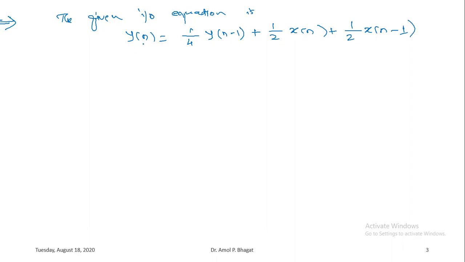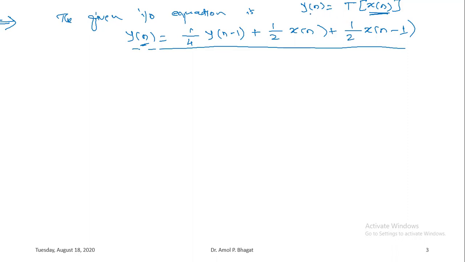So if you observe, whenever I am considering any system, the output y of n is produced by the system capital T when the input x of n is applied, because there is only one input x of n in this case.